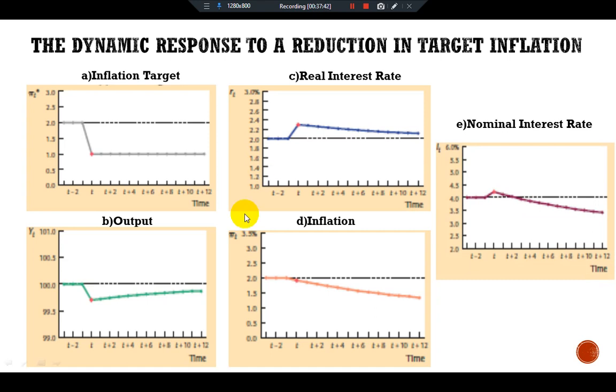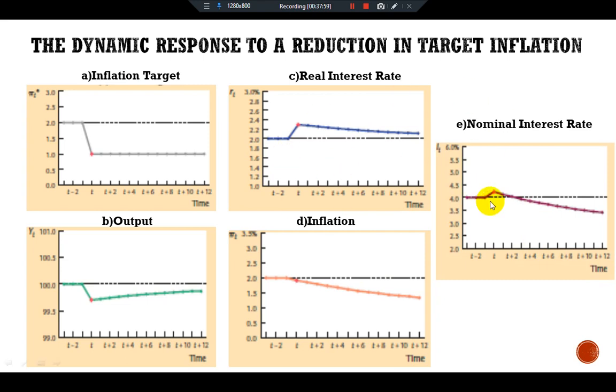Notice panel E here, the path of the nominal interest rate, i t. Before the change in policy, the nominal interest rate is at its long run value of 4%.